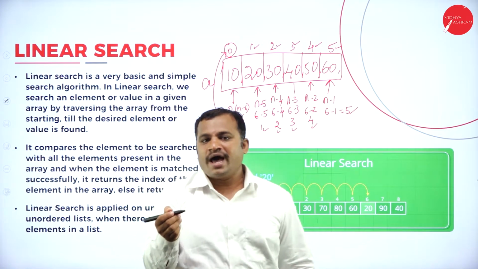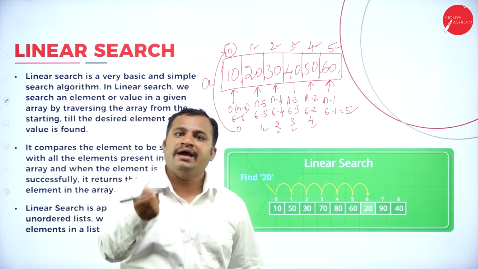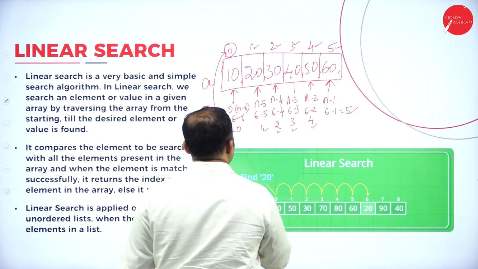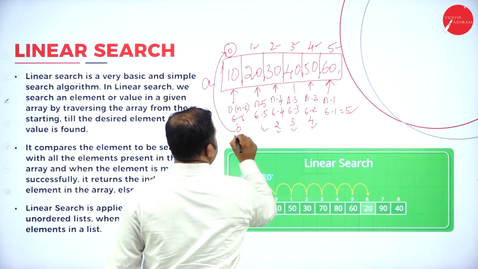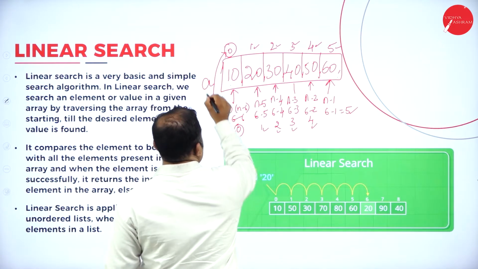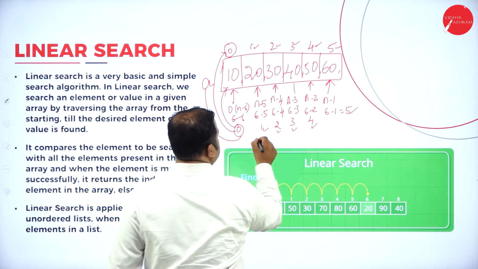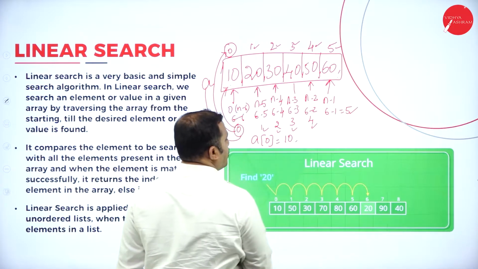So with this, I am able to find out the indexes of that array's items. If that is the case, I shall search from the first to the last item through these indexes. If I say A of 0, that refers to the value 10.